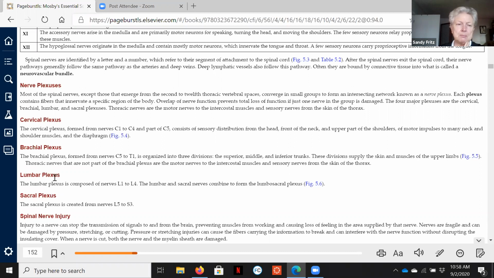So maybe, if there is some sort of entrapment at the lumbar plexus, for example, that's causing discomfort in the lower leg or into the low back, maybe we can shift the tone of the muscles and the density of the connective tissues a little bit, which will allow maybe a change in how the pelvis itself is sitting, which might create a better opening for that nerve to come out.